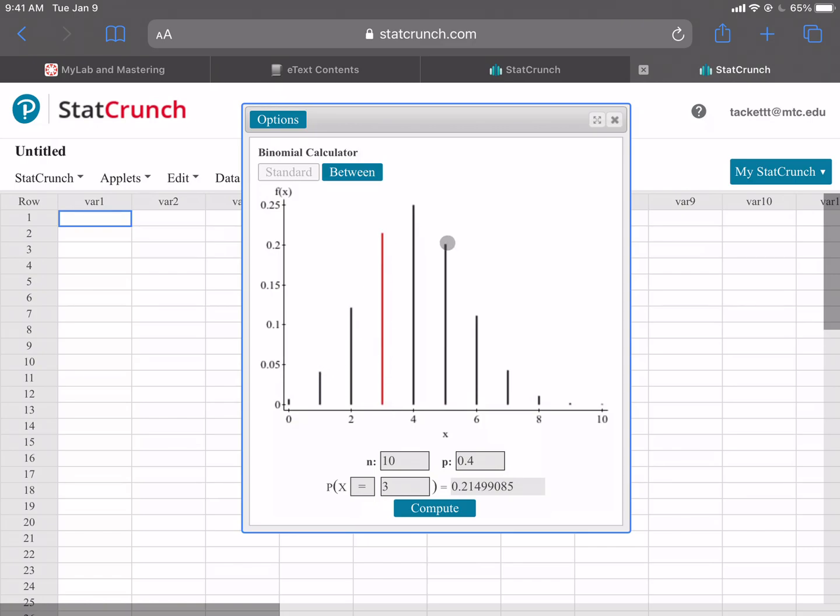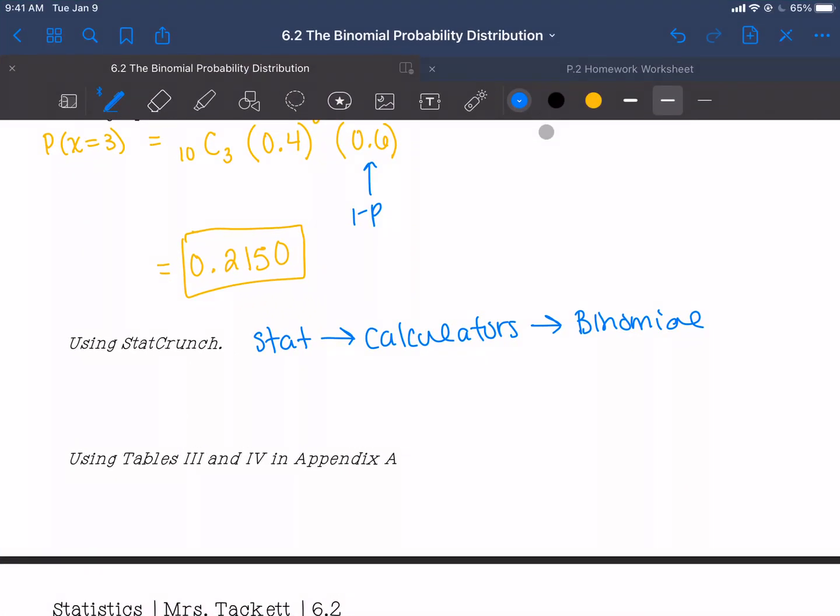You can also see your distribution shape there. It's getting pretty close to normal, or pretty close to symmetrical or bell-shaped. Maybe a little skew out here to the right. We will explore that a little bit later. So if we do that in StatCrunch, we get the same thing.